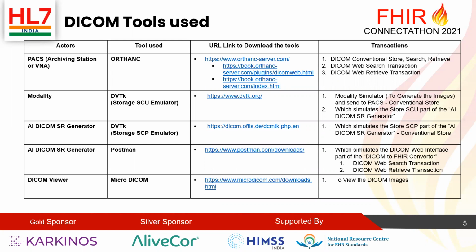For this, we will be using Orthanc as a tool, which is capable of doing the conventional DICOM store, search and retrieve operations, and it is able to serve the DICOM web search transaction and the DICOM web retrieve transaction. The tool is free of cost and downloadable from the web, and the web address link has been given here. You can download it from this link.